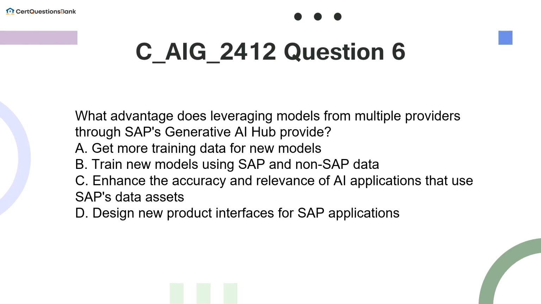What advantage does leveraging models from multiple providers through SAP's Generative AI Hub provide? A. Get more training data for new models. B. Train new models using SAP and non-SAP data.